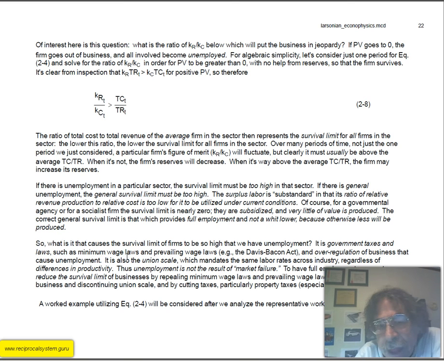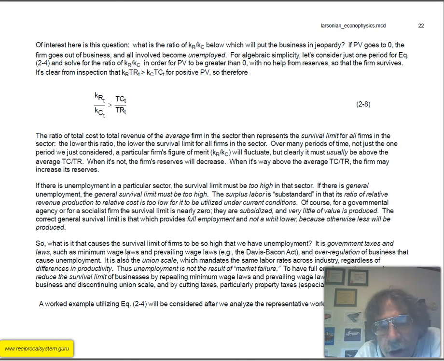So therefore, we have the ratio of K sub R sub T to K sub C sub T must be greater than the total cost, or TC sub T divided by TR sub T. Okay? Very important. That's equation 2-8.